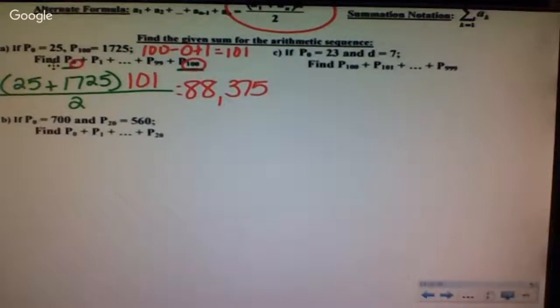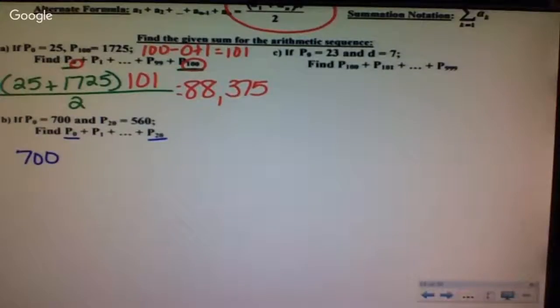If you take a look at B, they want us to go from P sub 0 to P sub 20. So what number represents the first number in my sequence? It's 700 plus 560.